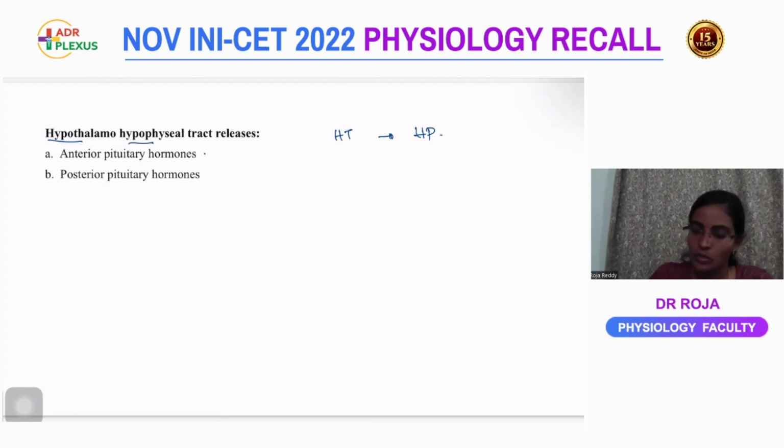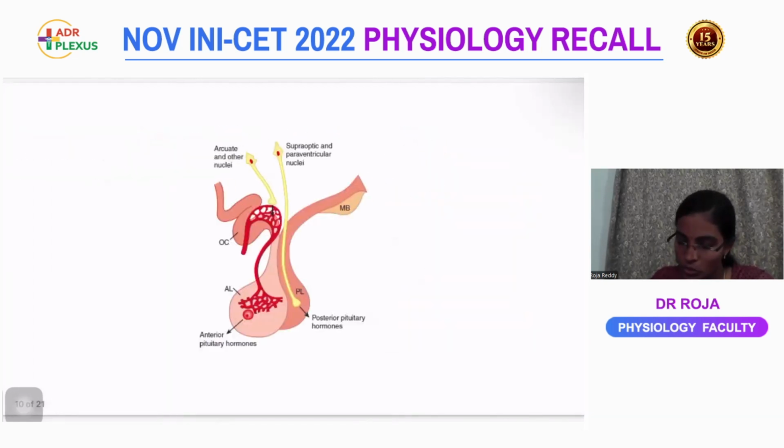Okay. So what is this? We all know that the pituitary has got two subdivisions. Basically three, but we talk mainly about two, anterior and the posterior pituitary. Okay. And the hormones which are released by both the anterior and the posterior pituitary are under the control of the hypothalamus, various nuclei of the hypothalamus or the cells of the hypothalamus.